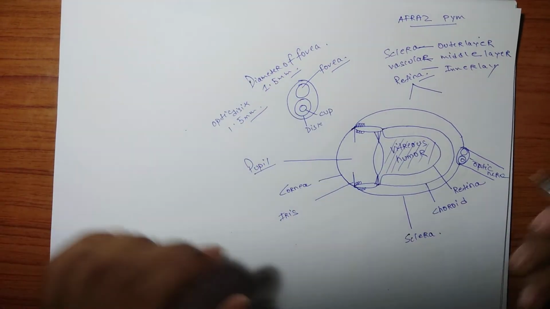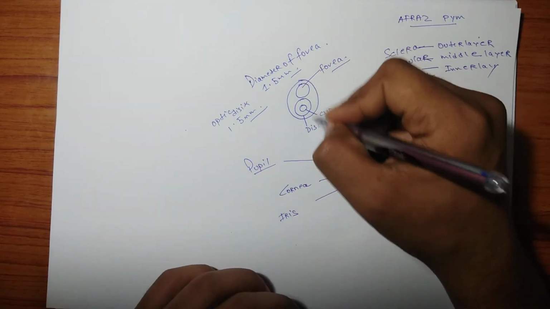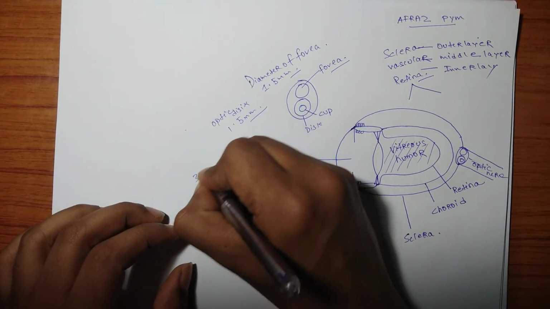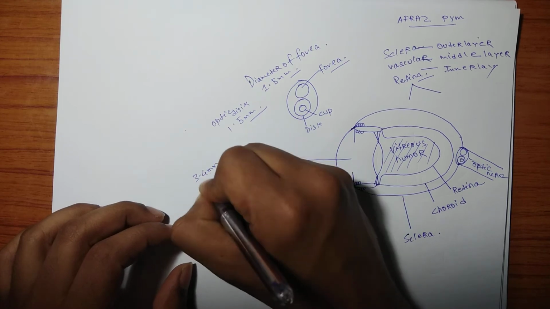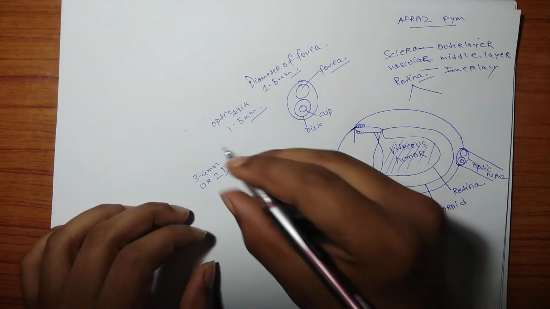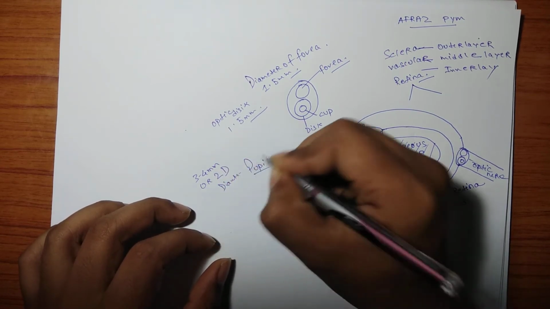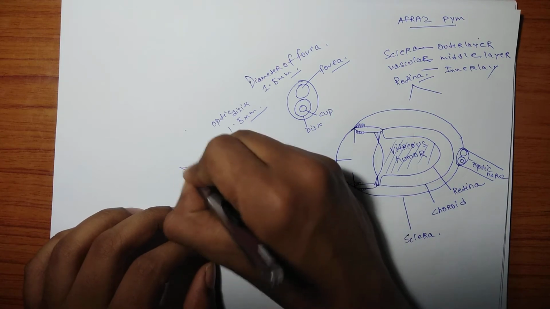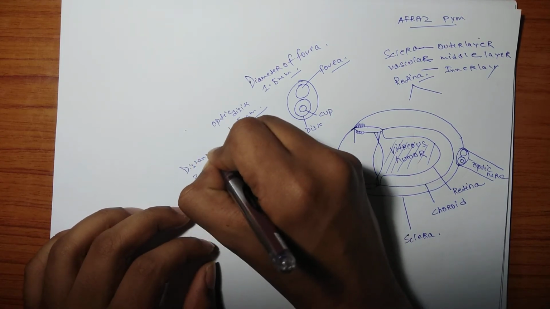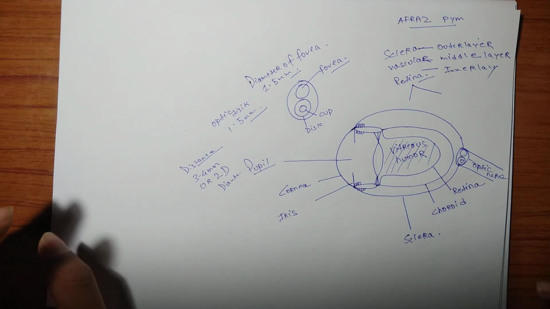And remember, the distance between your optic disc and the fovea is around 3 to 4 mm, or 2 disc diameters. This is what you have to remember about that. This is very, very, very important, guys. You have to remember about this.